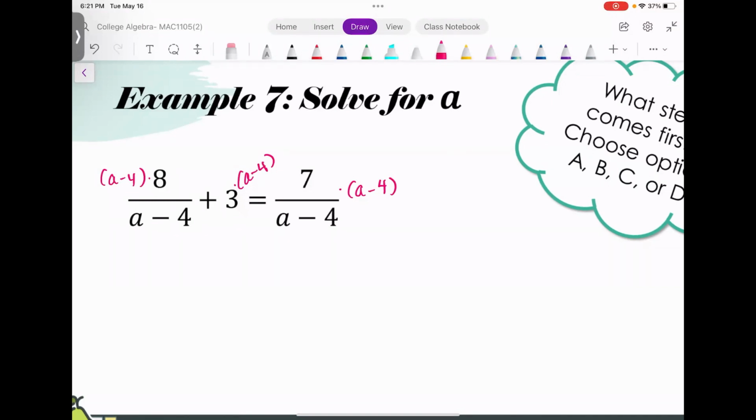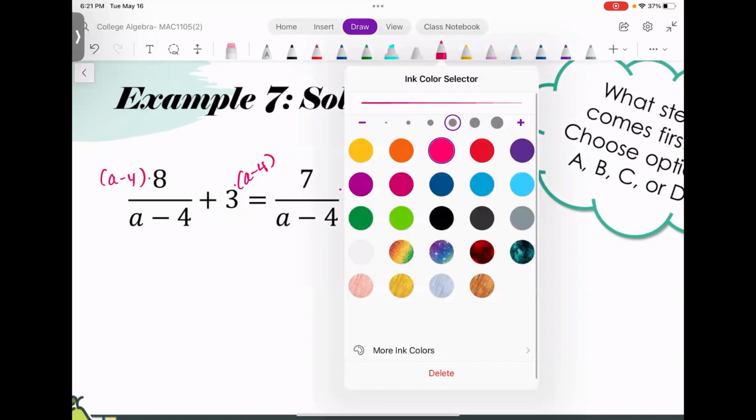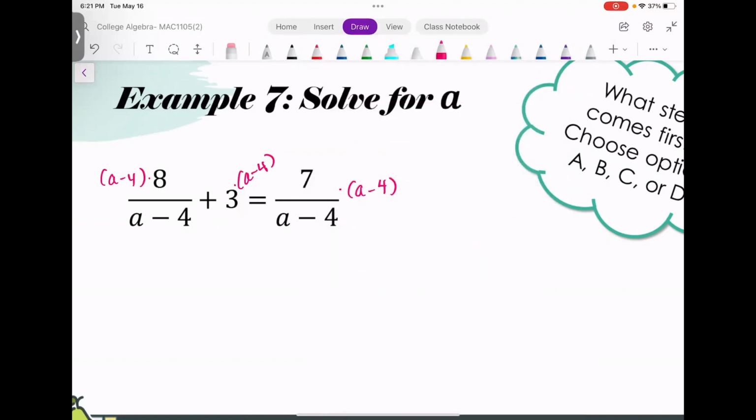The denominator of a fraction is always division. So this multiplication happens across the numerator. So a minus 4 divides into a minus 4 one time. Both of my terms that had a denominator of a minus 4 are replaced with 1, because a minus 4 over a minus 4 equals 1.